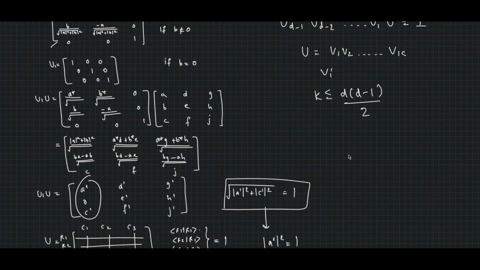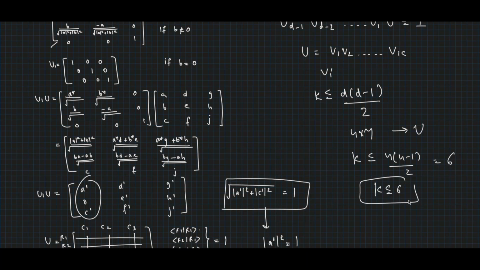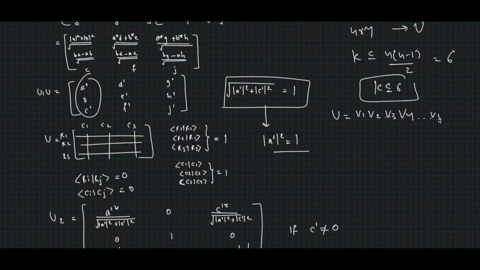So for example, for a 4 cross 4 unitary matrix U, k has a value less than or equal to 4 into 4 minus 1 by 2, which is equal to 6. So k is less than or equal to 6, which implies U would be equal to V1, V2, V3, V4 with a maximum limit till V5 or V6.